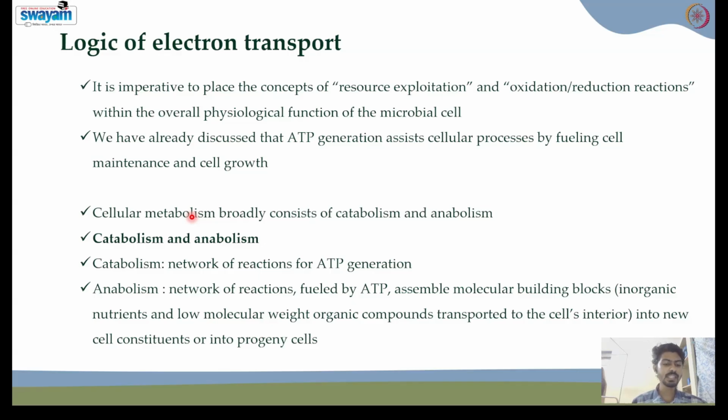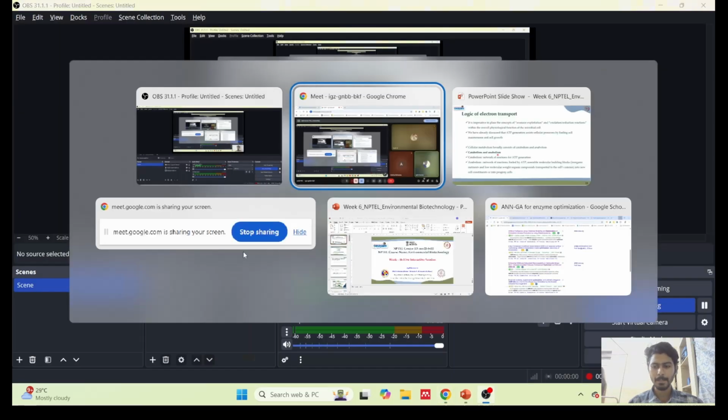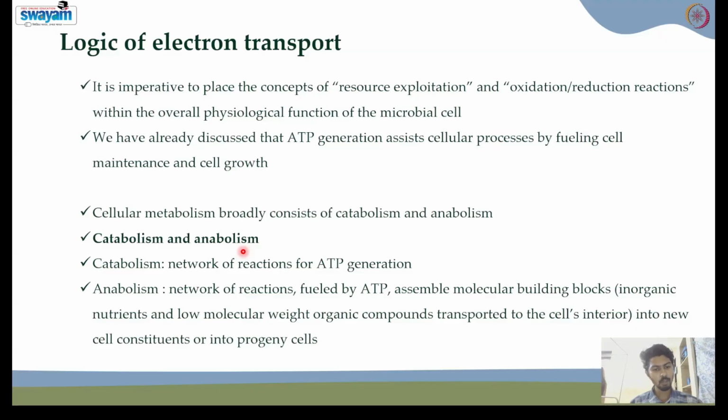And if you see cellular metabolism, as we have seen earlier, it is classified into catabolism and anabolism. What do you mean by catabolism? Catabolism is nothing but breaking down the substrate for ATP generation. Whereas anabolism, using the fuel of ATP, generates new molecular building, like low molecular weight organic compounds into new cells, or provides maintenance for the existing cells.